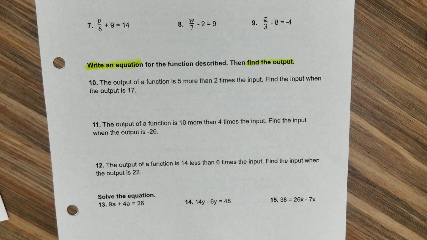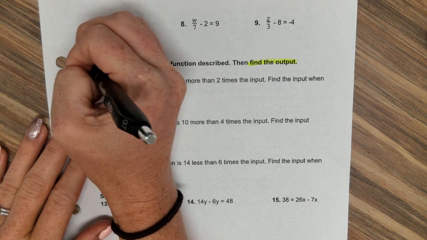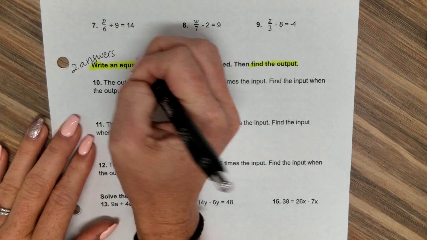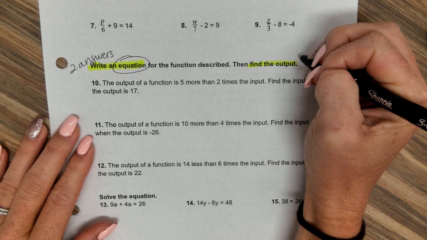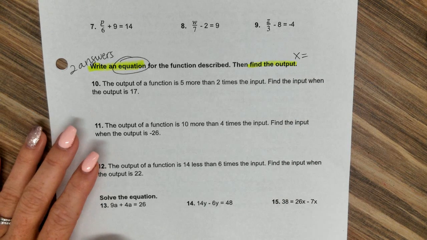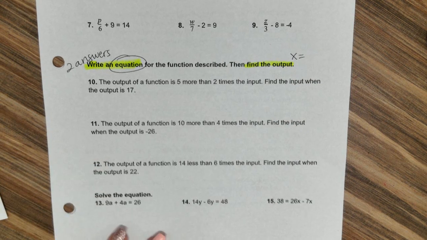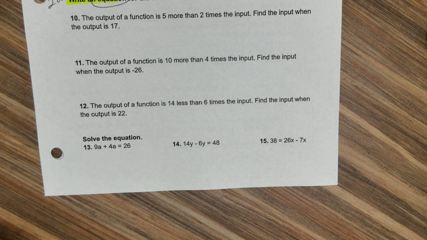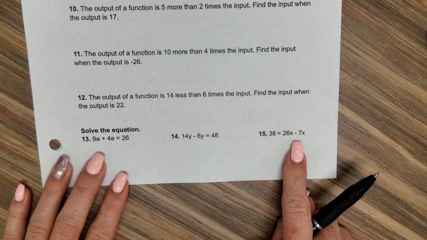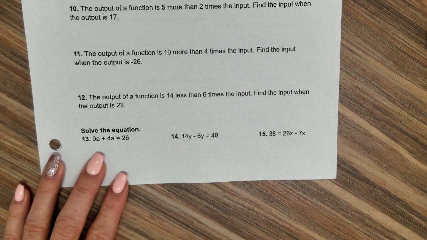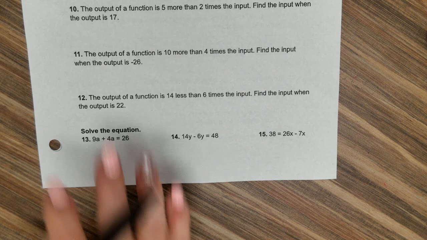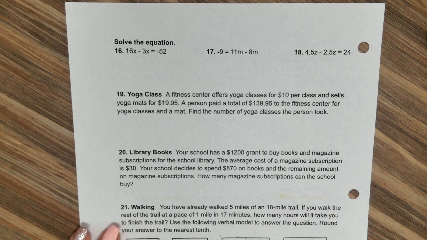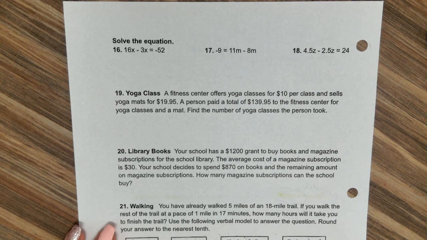How many answers will you have for those? 2 answers. The equation and the answer, like x equals whatever or y equals whatever. 13 through 15, should you miss those? Because you can do what? You can check your answer. 16 through 18, you shouldn't miss them. You can check your answers.